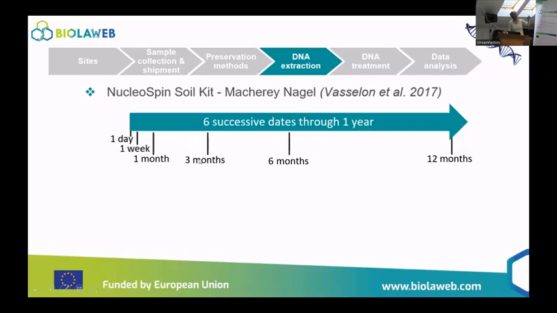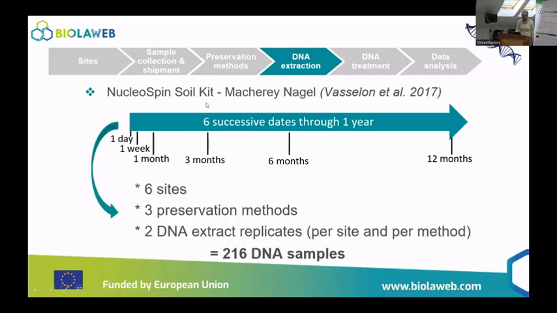All the samples that were collected at all these dates were extracted. DNA was extracted with a commercial kit. So you have 6 sites and 3 preservation methods, and at each site and preservation method, we made 2 DNA extractions to have replicates.